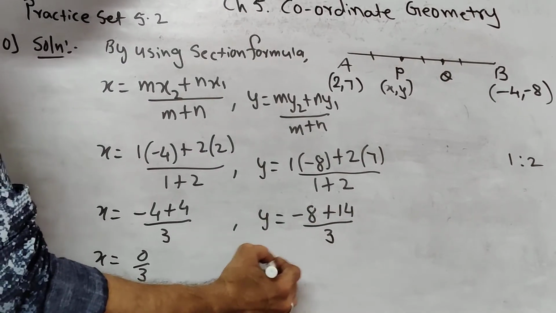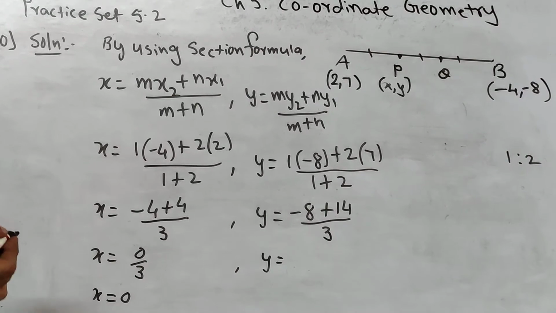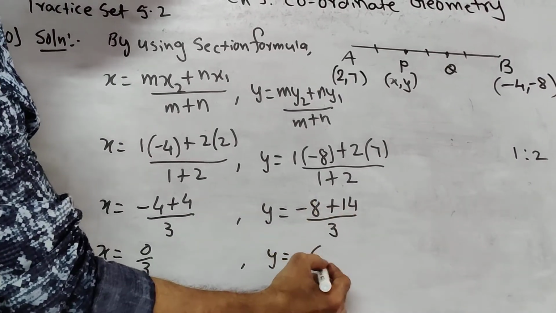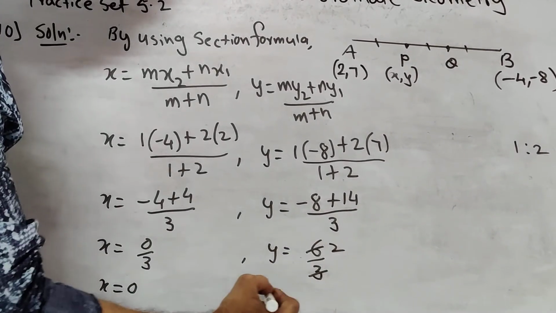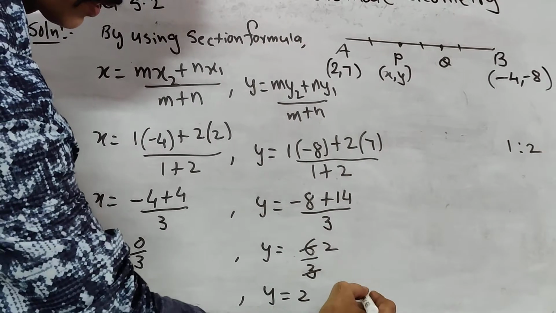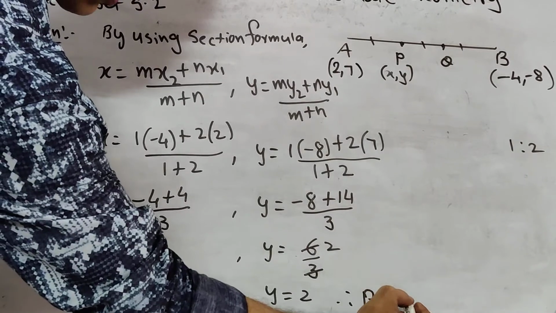So y is equal to 14 minus 8 is 6, upon 3. 3 1s are 3, 3 2s are 6, and y is equal to 2. So therefore your P coordinate is 0, 2.